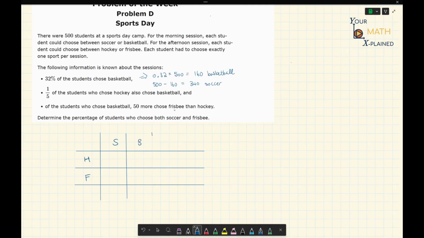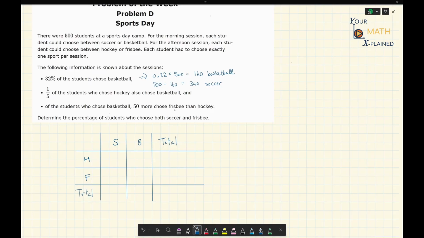Now, you'll notice that we have 160 basketball players, but of those 160, we don't know how many are playing hockey or frisbee. So we actually need an extra column and row so that we can include the numbers 160 and 340 in our table. That is going to be the total number of students enrolled in each sport.